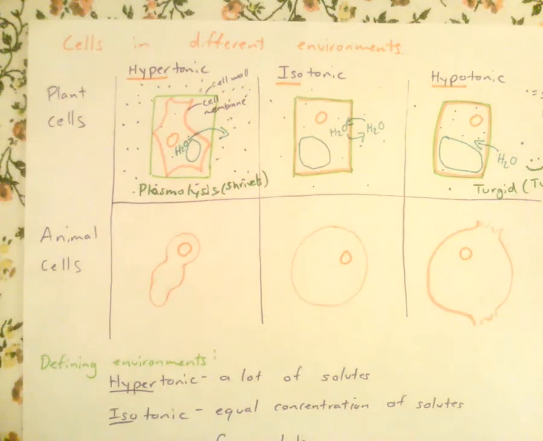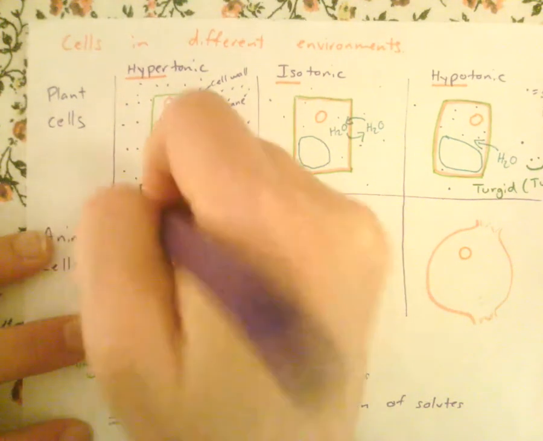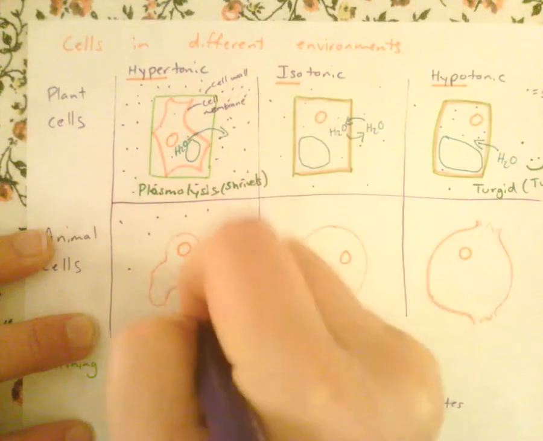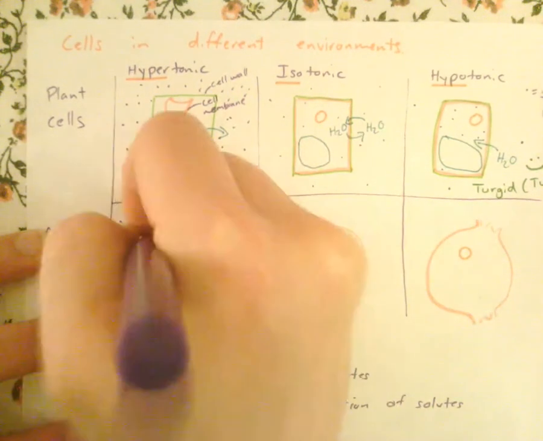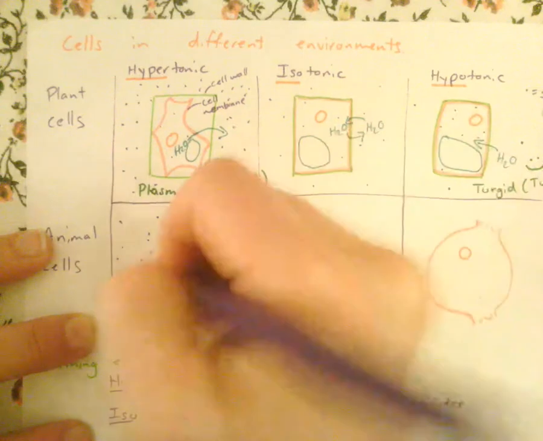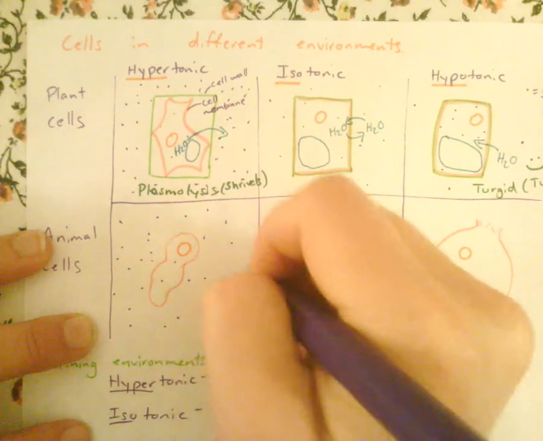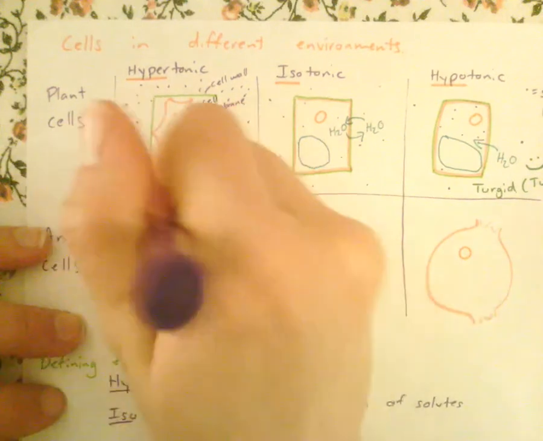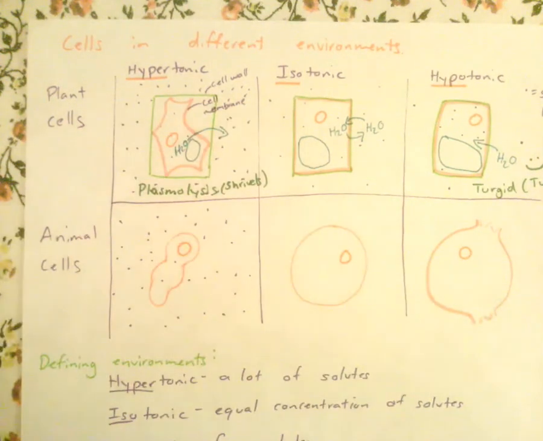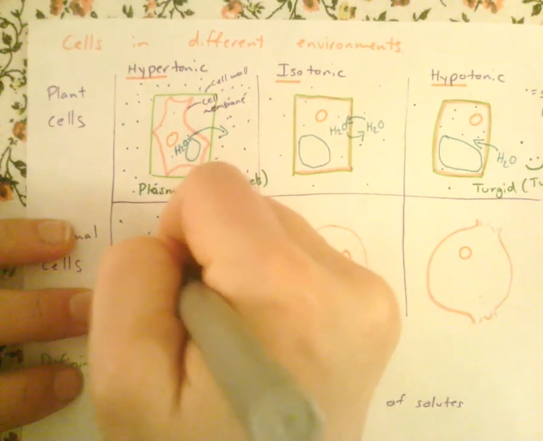So going down, we're looking at the animal cells, and we're trying to figure out how they're doing in each environment. So again, we're just drawing the particles. So we said we're going to have a cell. This is supposed to be my animal cell in my hypertonic environment. So that means lots of particles on the outside and very few on the inside. In this situation, again, we're expecting the same result.